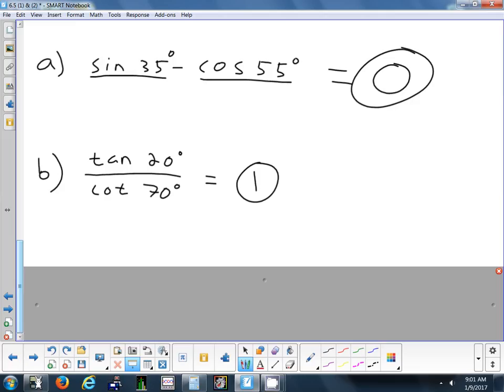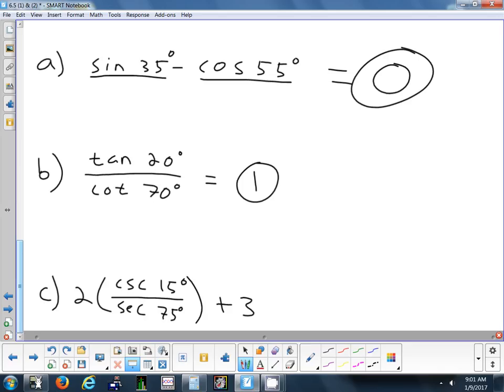It works with division. Would it work with addition? If you add two things that are the same, do you always get the same thing? No, you get the thing doubled, whatever it is. And how about multiplication? If you multiply two numbers that are the same, do you always get the same answer? No, you get the thing squared. So you can only use the trick with subtraction and division.